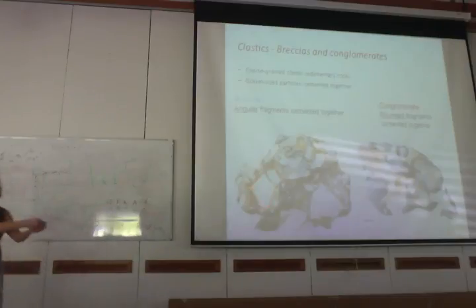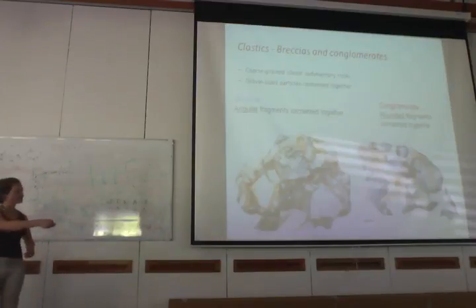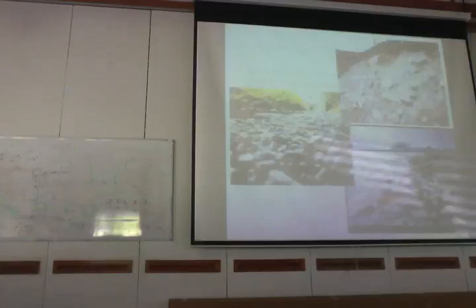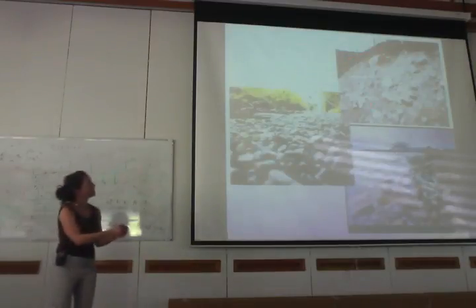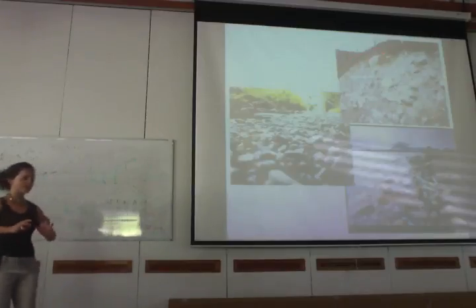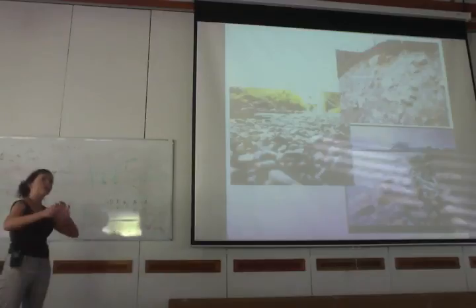Whereas conglomerates are quite common in rivers, where there's constant transport by water, the pebbles are constantly bashing into each other, so you get a lot more rounding. So this is an example of a glacial deposit. As I said before, when rocks are transported by ice, they don't become rounded because they're not bashing into each other.